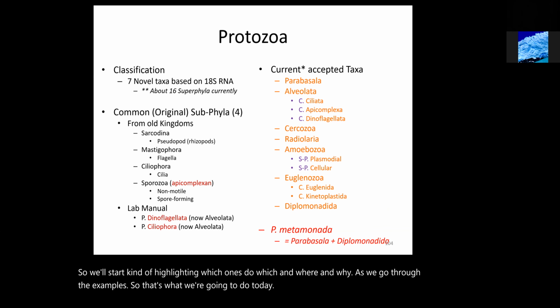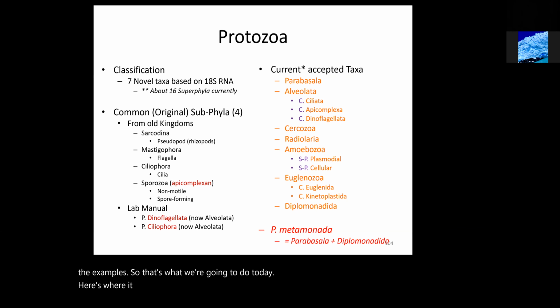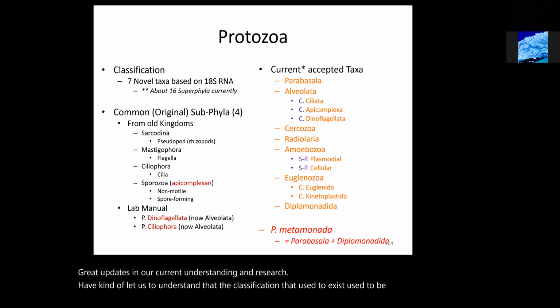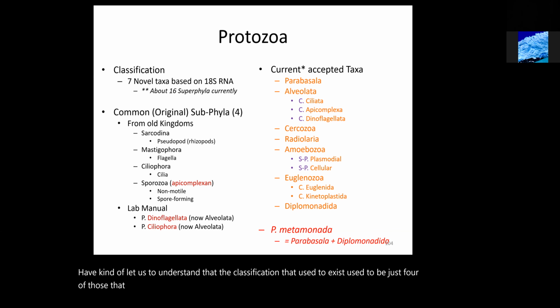Now, here's where it gets really interesting, because great updates in our current understanding and research have led us to understand that the classification, which used to be just 4 groups that everybody was familiar with, has gone up.